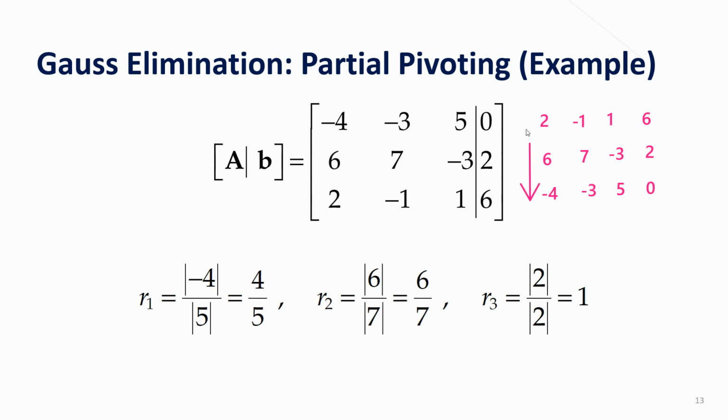So like what we have earlier, row 2 will be equal to -3 multiplied by row 1 plus the previous row 2, right?